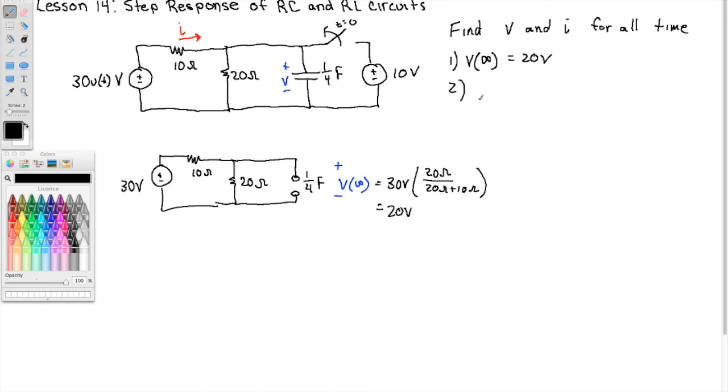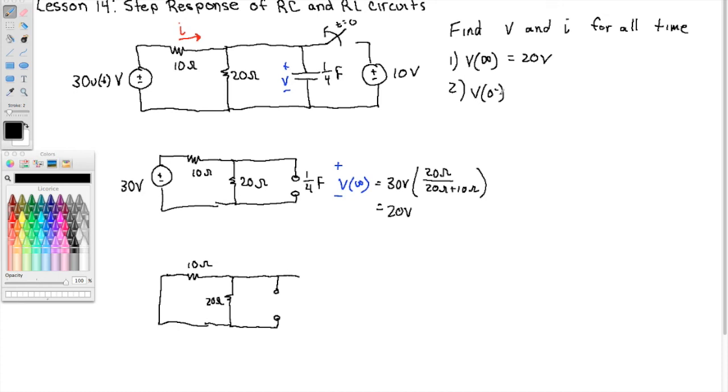Step 2, let's consider the voltage right before the switch. Right before the switch, at negative time, the unit step is 0, right? So we've got this circuit. What does 0 volts look like? 0 volts is a short circuit. And assuming the circuit was built a long time ago, the capacitor is open.